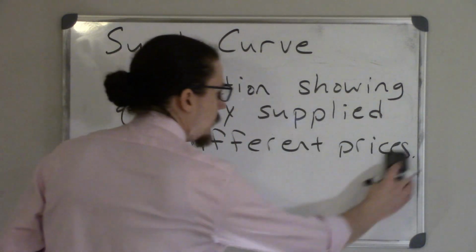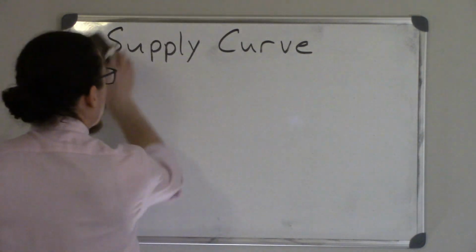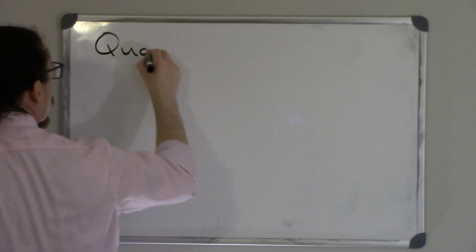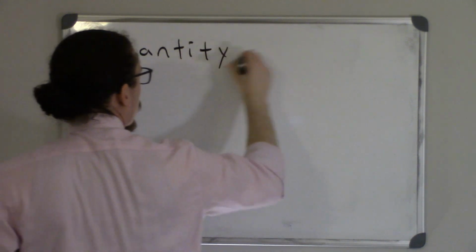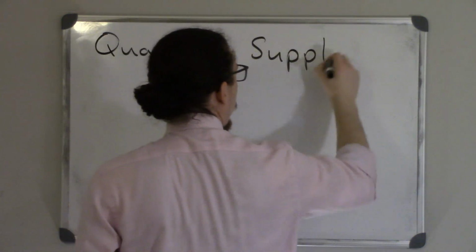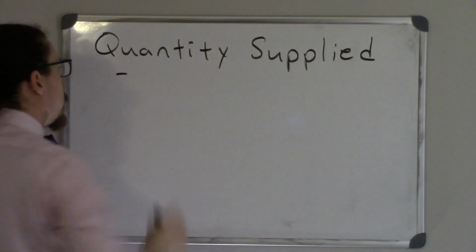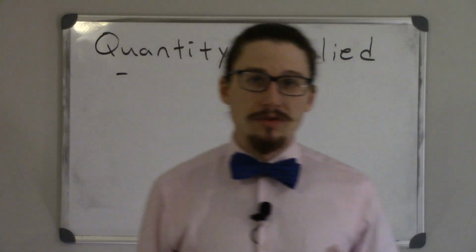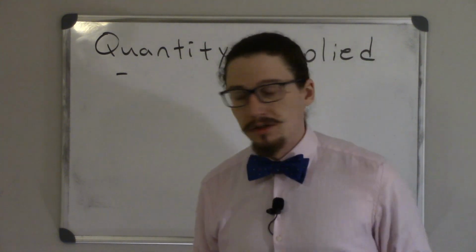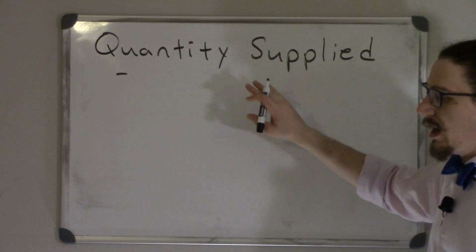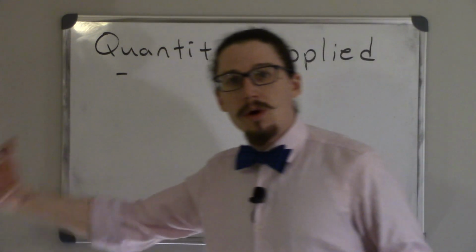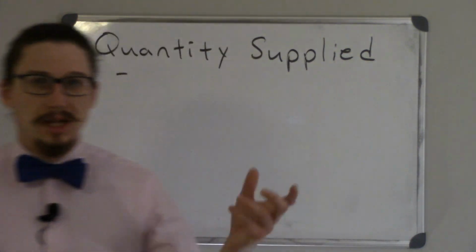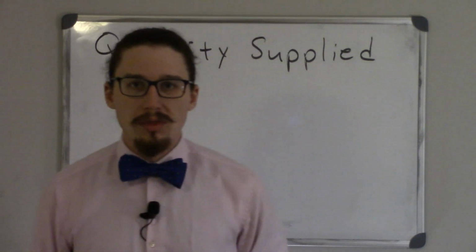Before we do that, let's take a look at the next thing, which is quantity supplied. Hopefully we remember from the demand videos that supply and quantity supplied are not the same, just like demand and quantity demanded are not the same either.